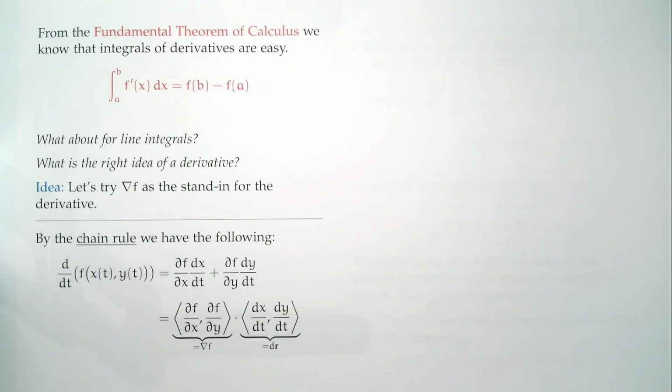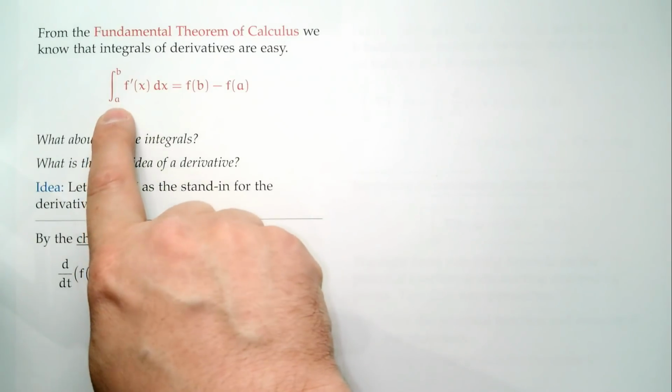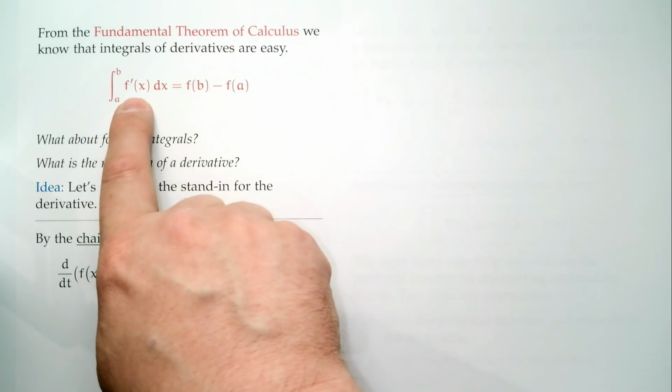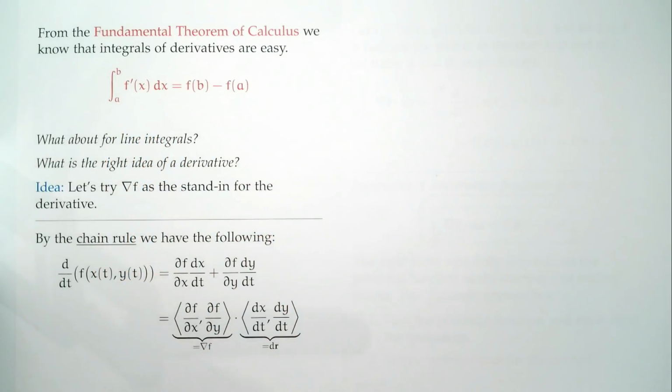Now, there's a way to think about what's happening here. I want to understand something about a function over the entire interval between a and b. And the answer is that to understand this function, you have to understand the related function, but at the boundary of the interval, which in this case are endpoints. So we're going to have this same theme showing up over and over again.